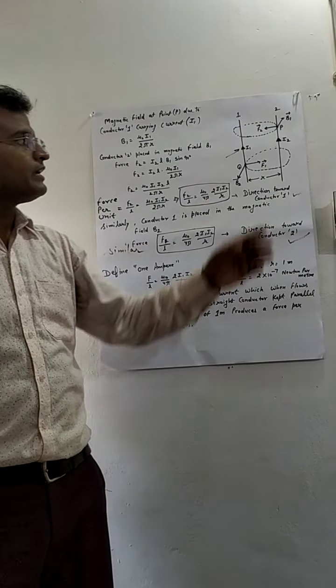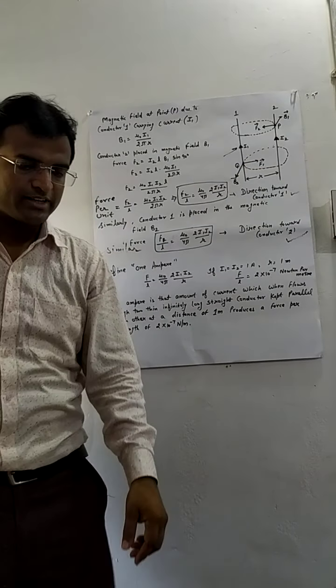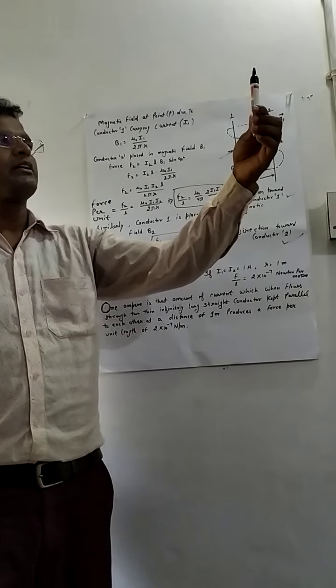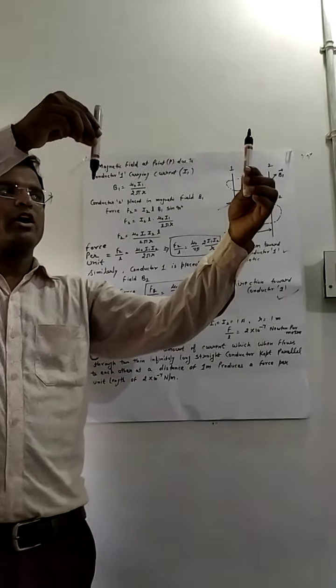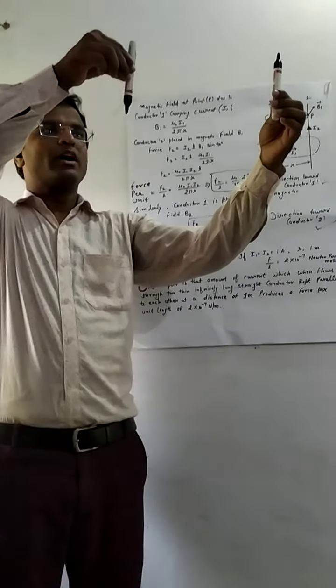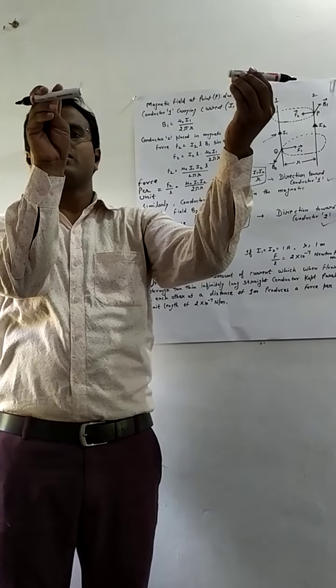What happens when the direction of current is reversed? When the direction of current is reversed, it means in the second conductor the direction is upward, in the first conductor the direction is downward. Then they repel each other.